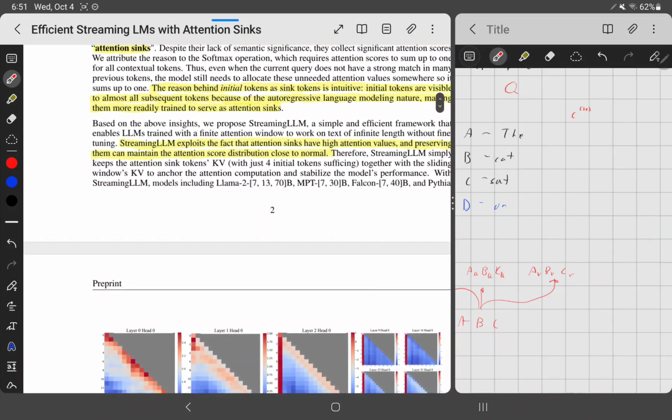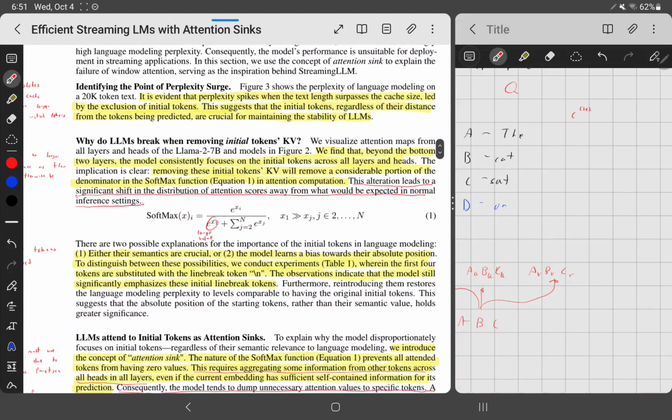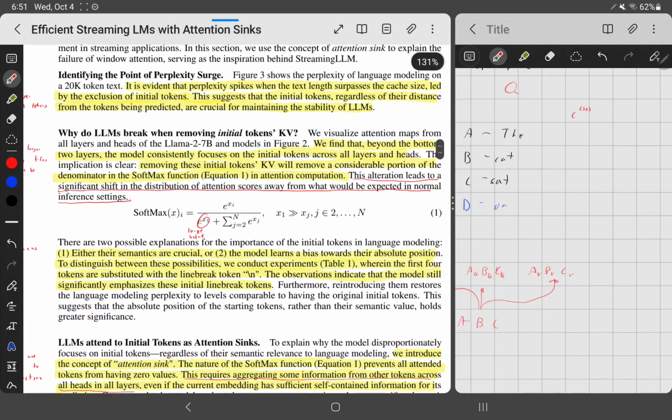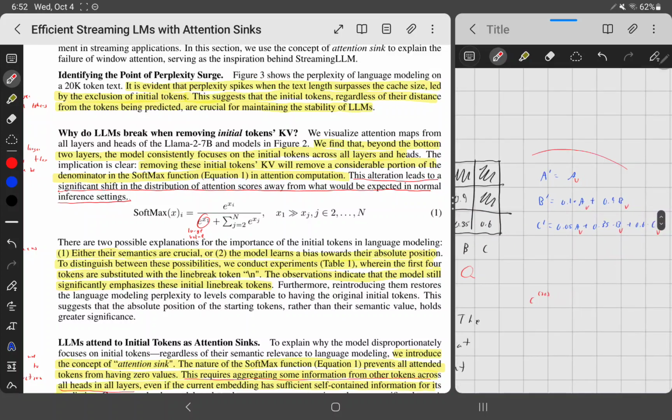Now, what is the problem with sliding windows? If we look at the softmax operation, the softmax operation is what normalizes every token. It normalizes each row here, row-wise, because we're computing this output as a combination of them.